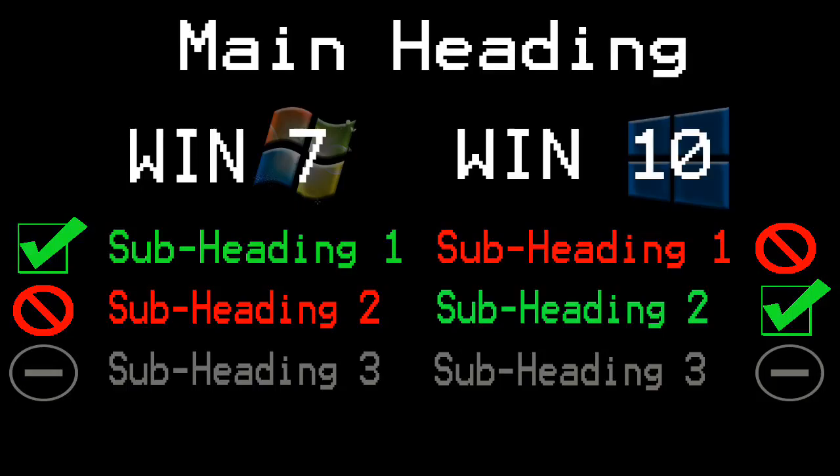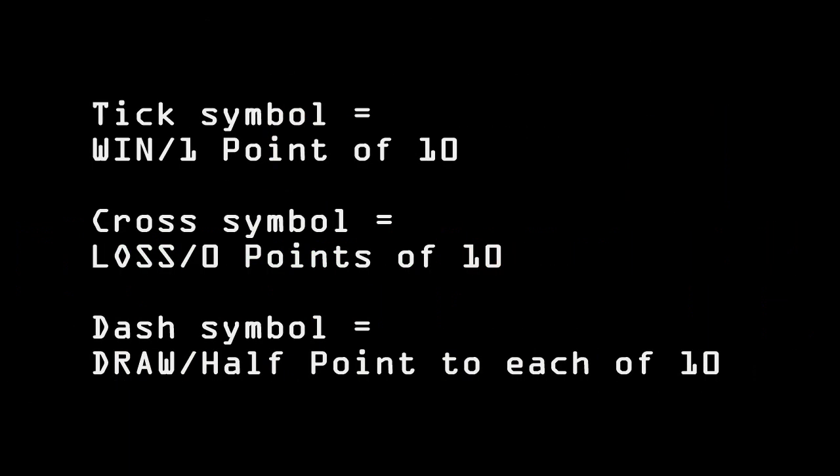Now moving on to how the adding and winning is determined. Per subcategory there is only going to be one winner, so if there is a winner, you will see a tick next to the subcategory that has won for Windows 7 or 10, and if it's a loss it will have an X next to it. Now a win equals 1 point, a loss equals no points out of 10.